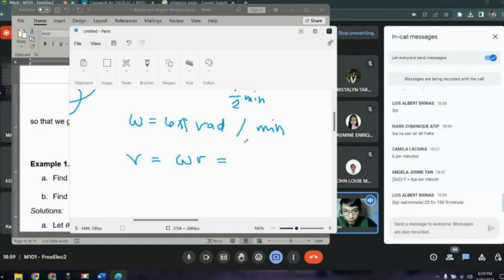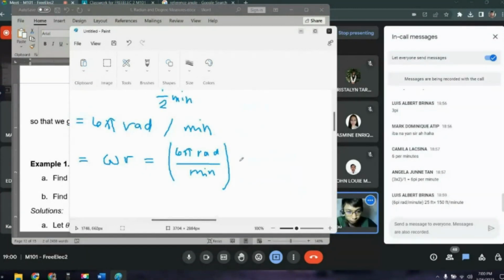Okay, so this is equivalent to 6 pi radians per minute times the radius r. What is our radius here? Radius is 25, right?